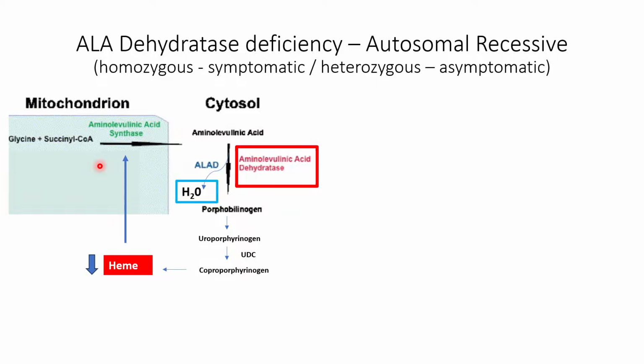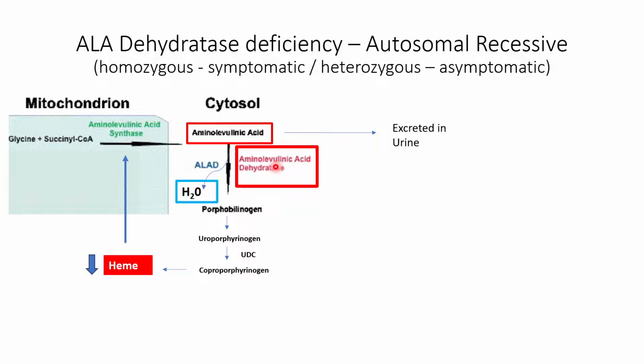As a result, we will have an increase in aminolevulinic acid, or ALA, which we all know is neurotoxic. So ALA concentration is increasing by two mechanisms: one is because of ALA dehydratase deficiency, and the other is increased ALA synthase activity secondary to decrease in heme. Now when ALA is increased, it will start to be excreted in the urine.